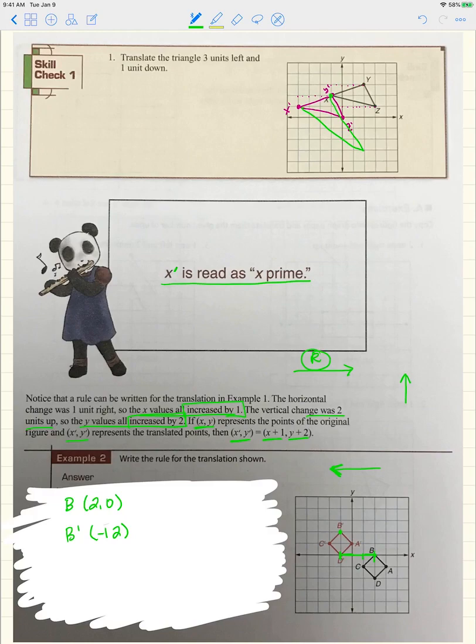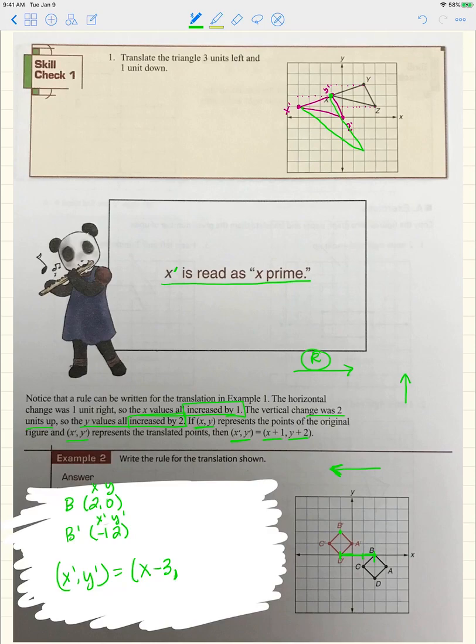So if B is x, y, and B prime is x prime, y prime, then x prime, y prime is equal to, what did we do to x? Well, we subtracted 3 units because we moved 3 units to the left. So x minus 3.